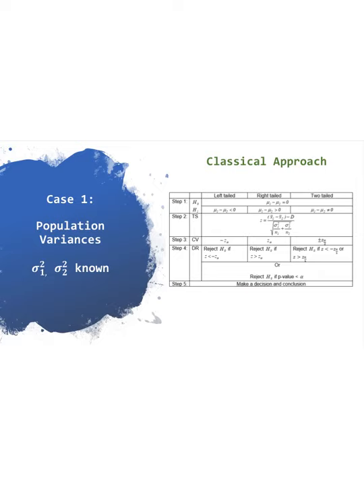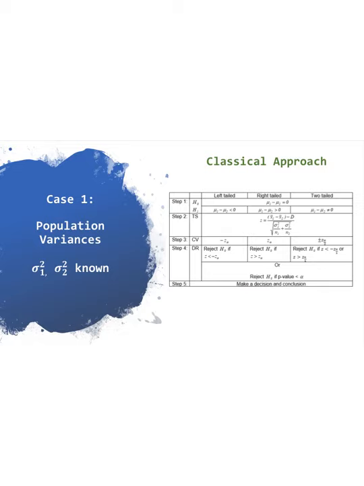For the alternative hypothesis, we have left tail, right tail, and two tail. For the left tail, mu1 minus mu2 less than 0. Right tail, mu1 minus mu2 greater than 0. And for the two tail, mu1 minus mu2 not equal to 0.